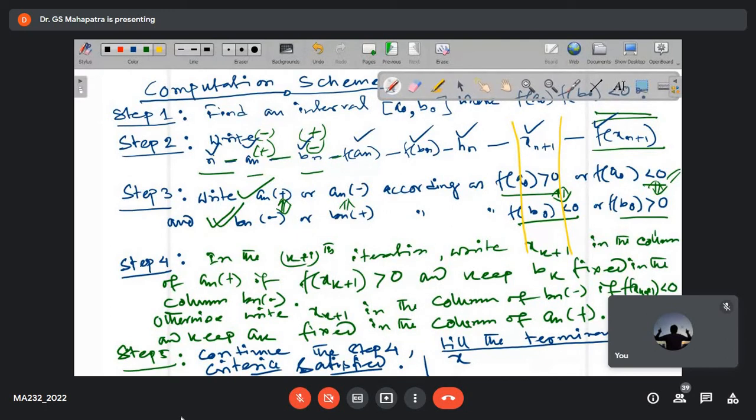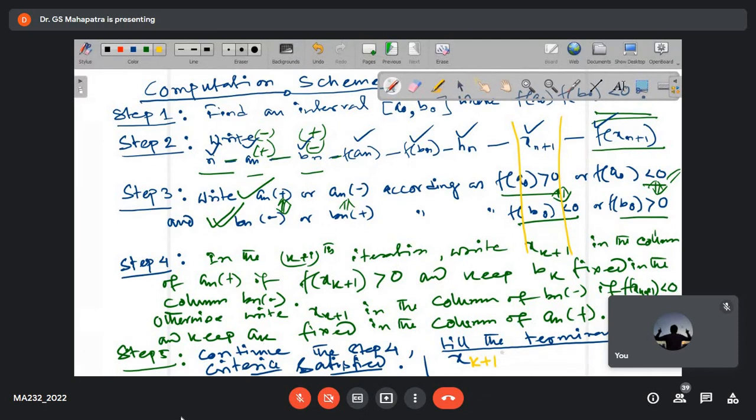So that is till the termination criteria are satisfied, for x k plus 1. Or we can write x n plus 1 also.